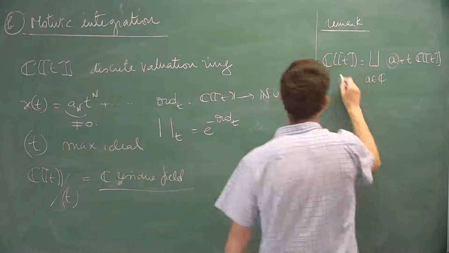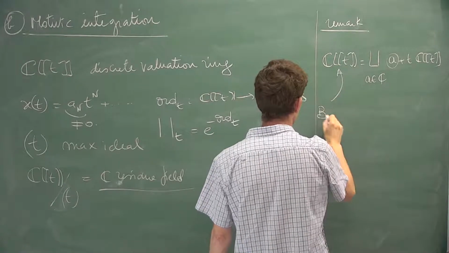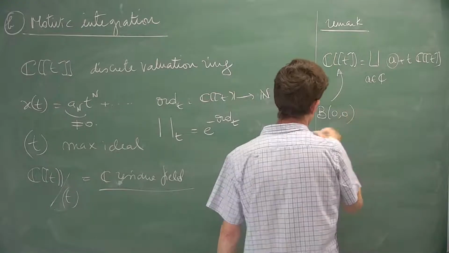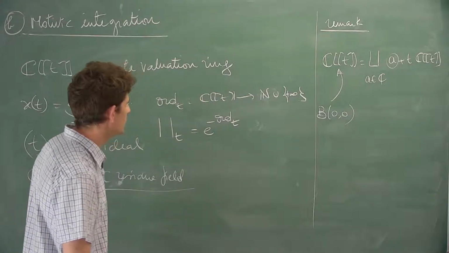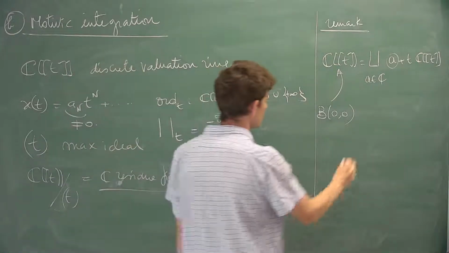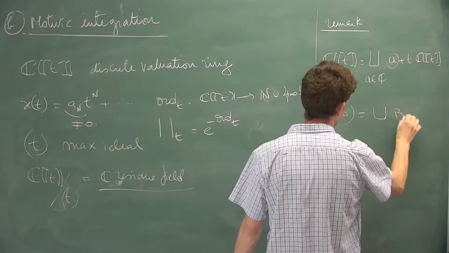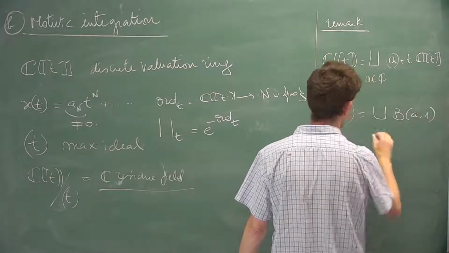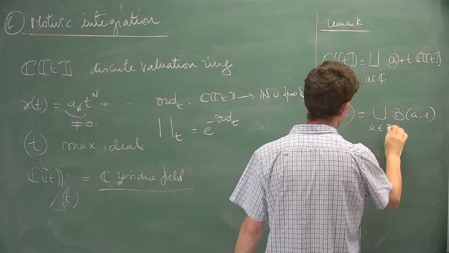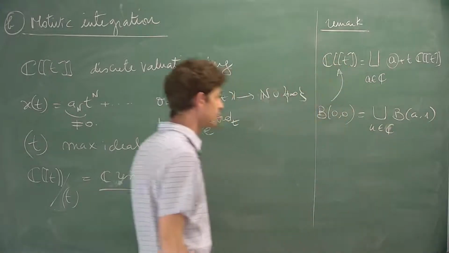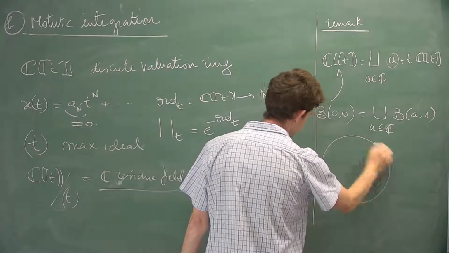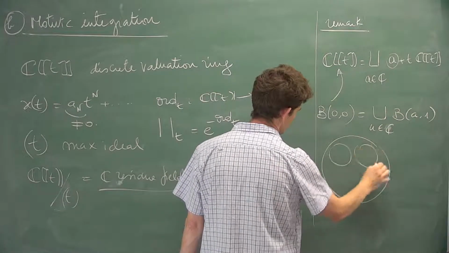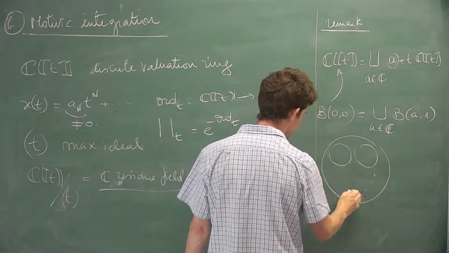So this is, as I explained, the ball of center 0 and valuative radius 0, which is a disjoint union of balls of valuative radius 1, but now you have infinitely many.